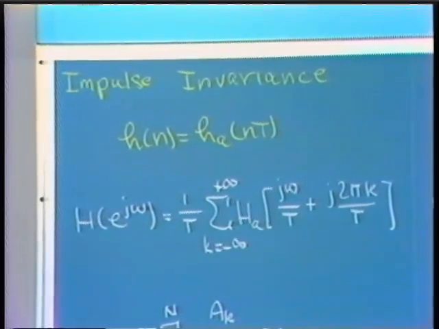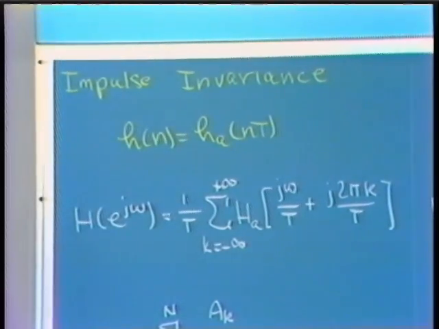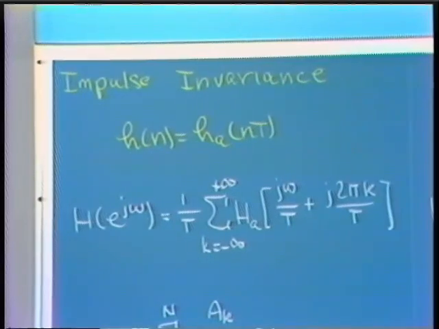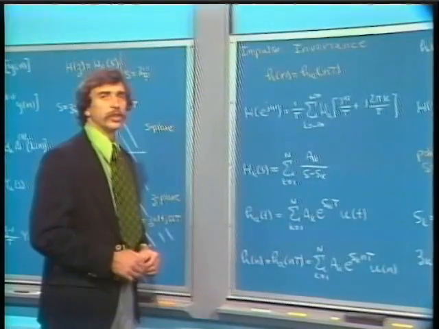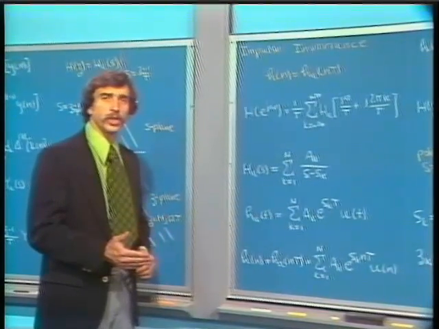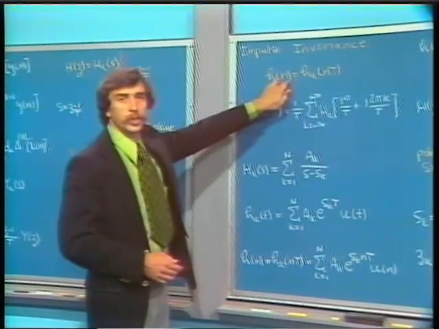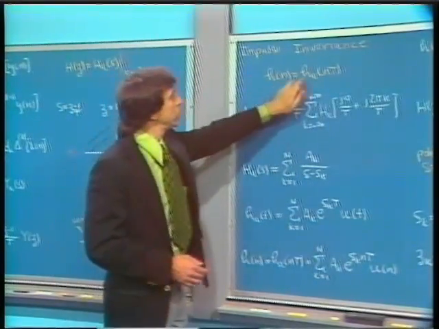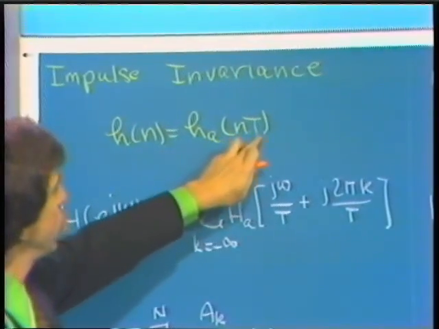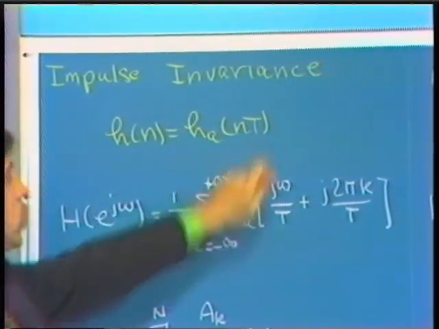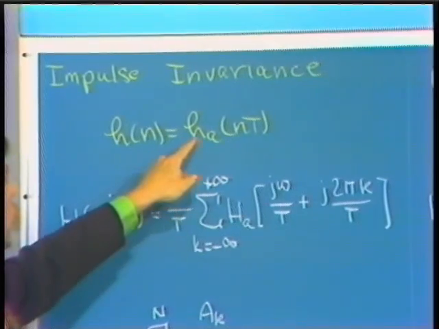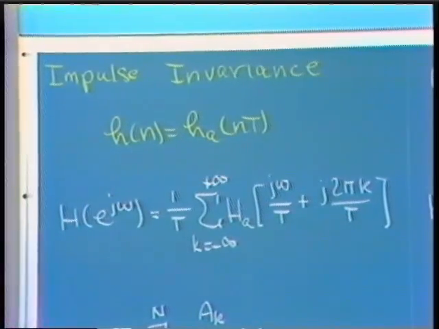The basic idea of impulse invariance is to convert an analog filter to a digital filter simply by choosing the unit sample response of the digital filter to be equally spaced samples of the impulse response of the analog filter. So the unit sample response h of n is chosen to be equally spaced samples, samples spaced by capital T, of the analog or continuous time filter.